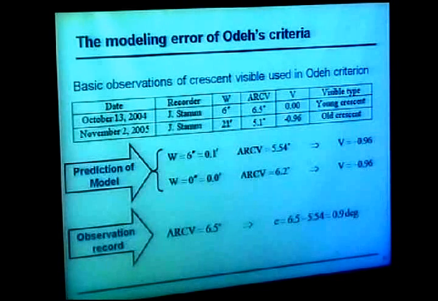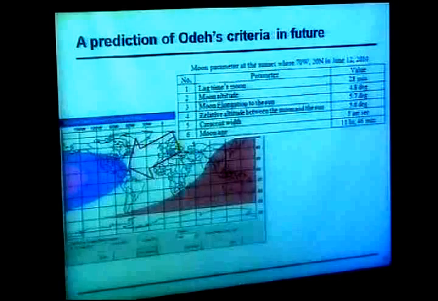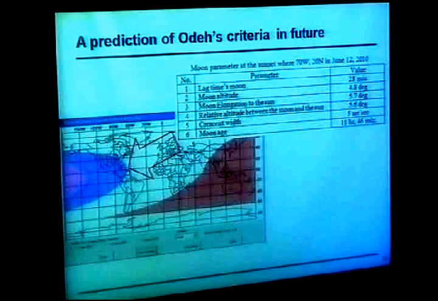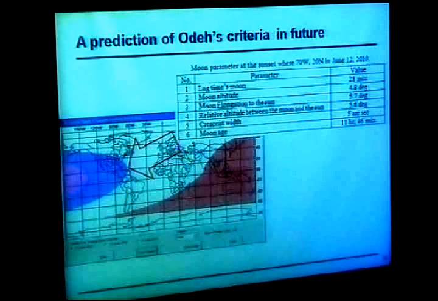These errors are equal to 0.9 degrees for arc of V. We predict Ode's criteria for a future date, 12th of June 2010, you can see the picture and map from Accurate Time software.